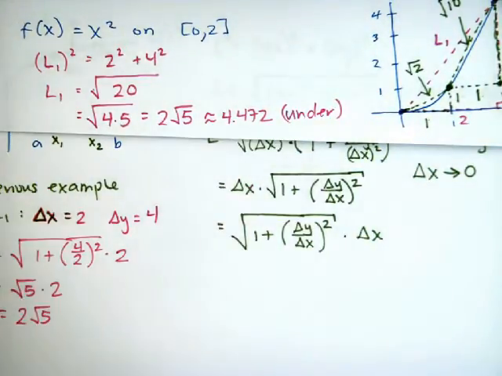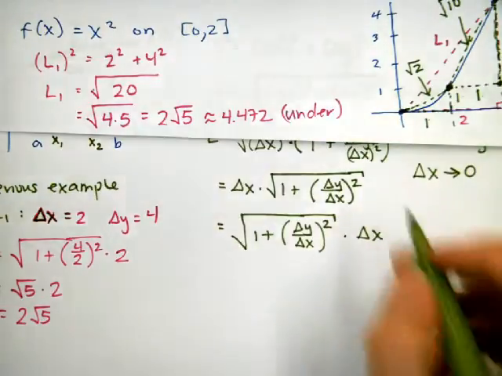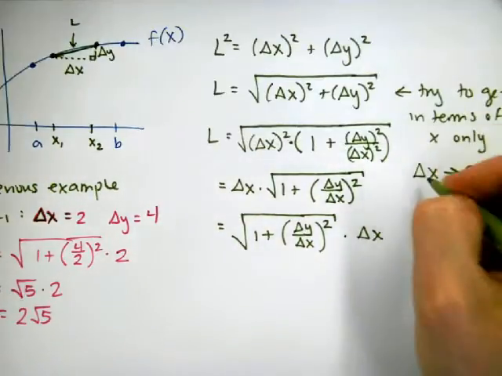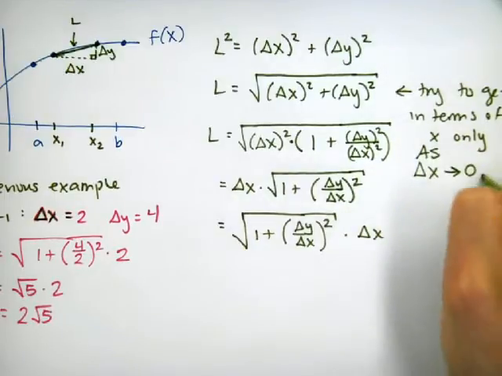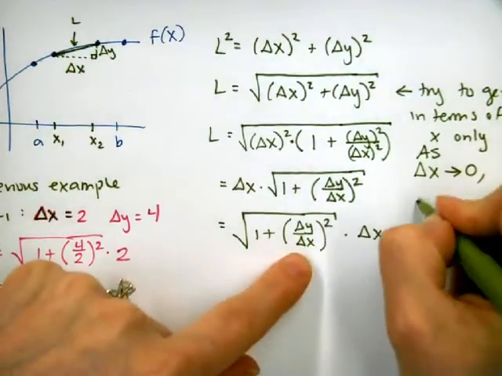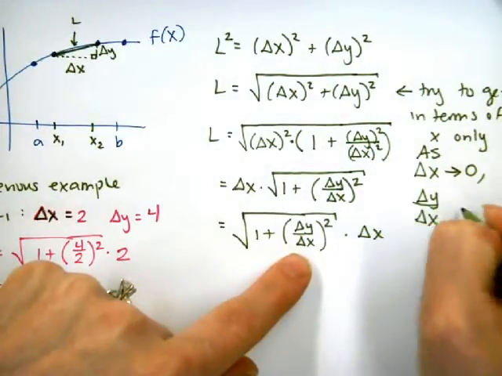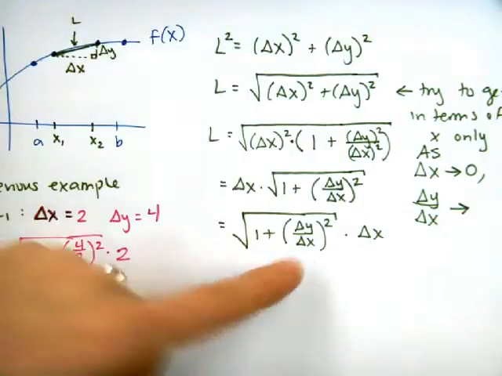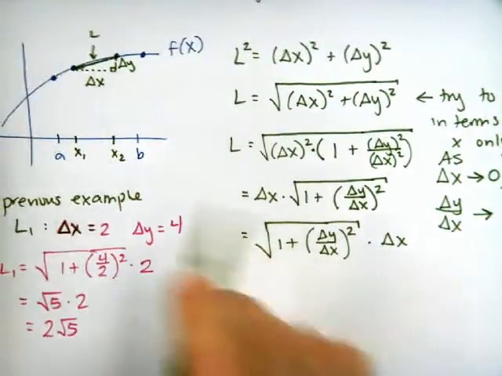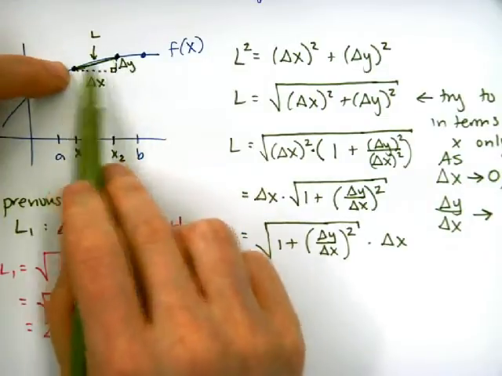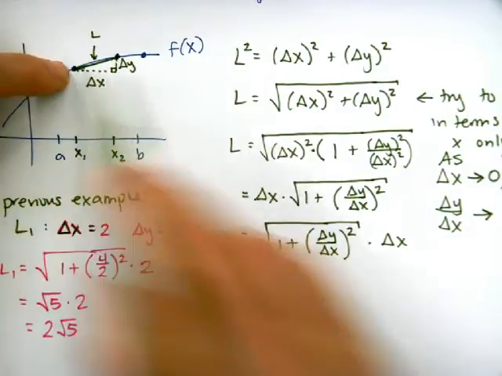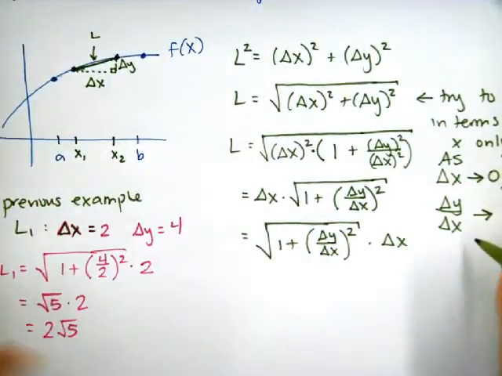Okay, and the reason why we're writing it slightly differently is because as delta x goes to 0, then delta y over delta x becomes, well, let's think about that. As these two points come in, the change in y over change in x would end up approaching the derivative, right?